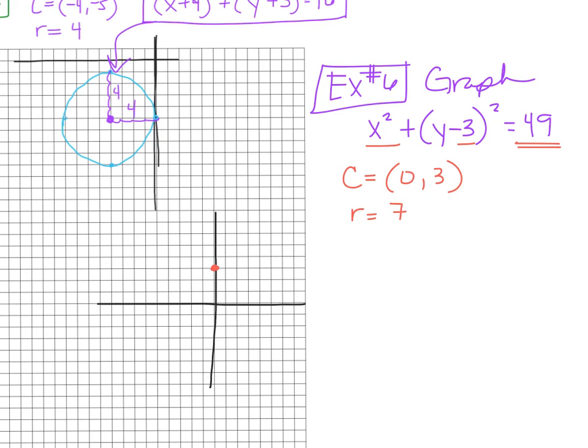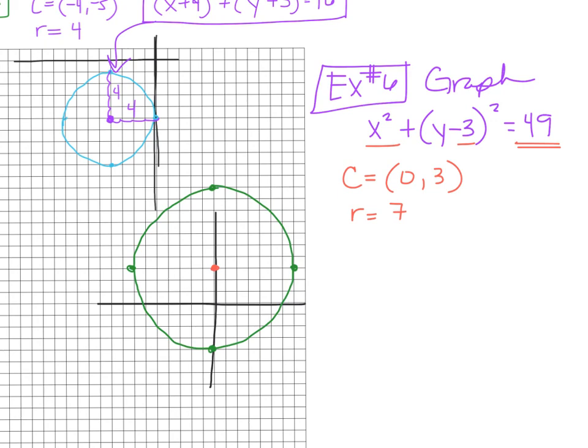So 1, 2, 3, 4, 5, 6, 7 to the right, 7 down, 7 to the left, and 7 up. And my graph then, that was pretty good. Doesn't usually happen. So it looks like that.